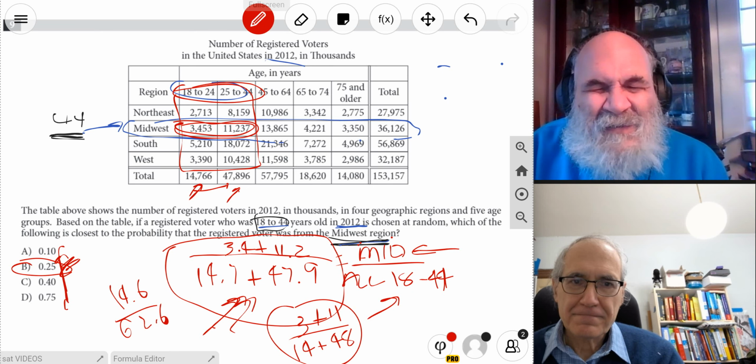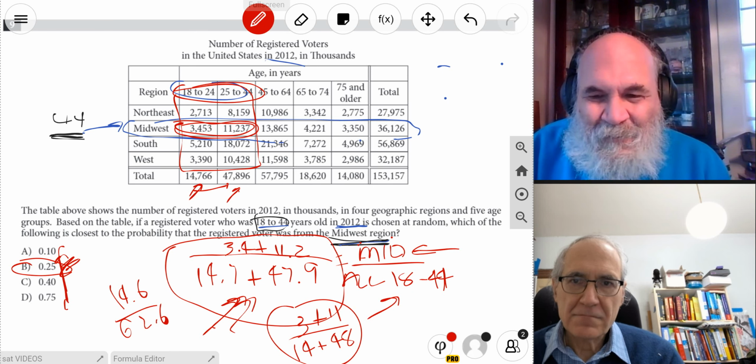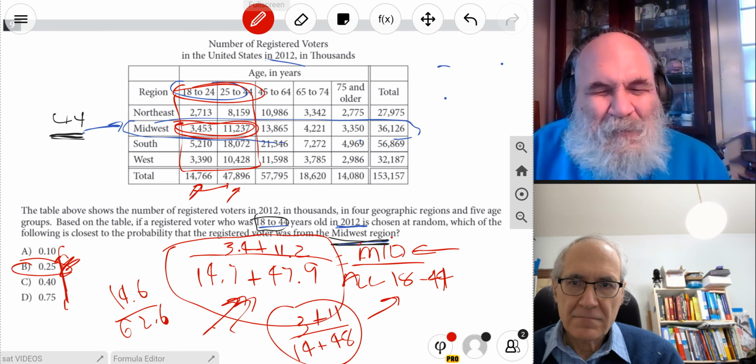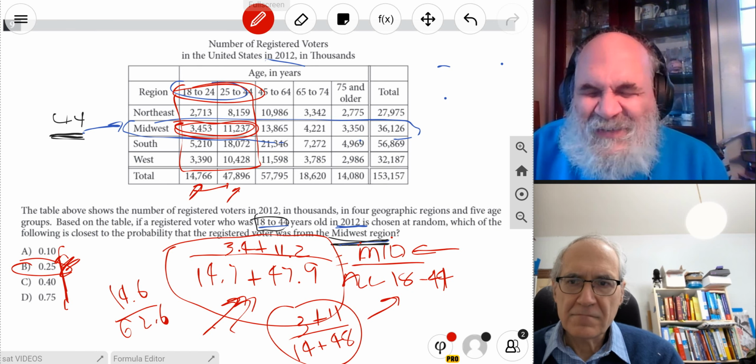And here they give the numbers to one digit out of four accuracy, and they're asking for a level of accuracy that is like one single digit.